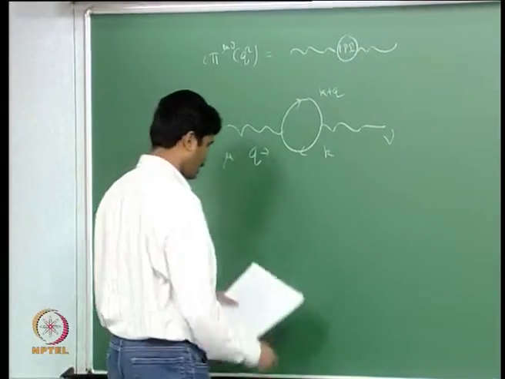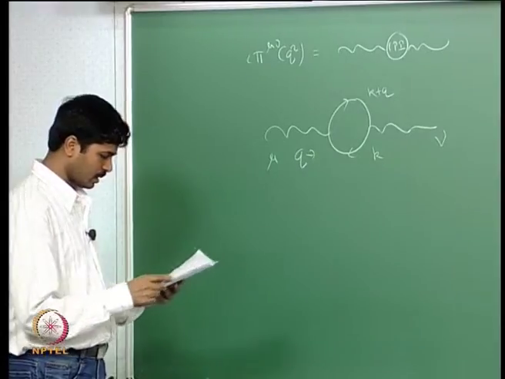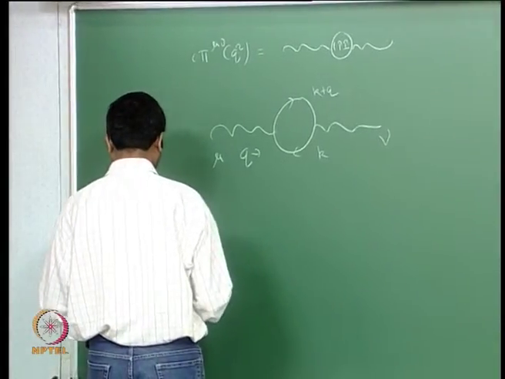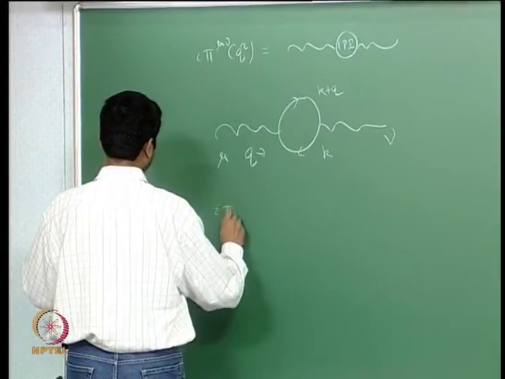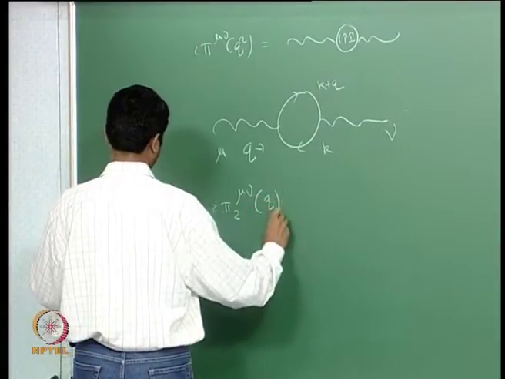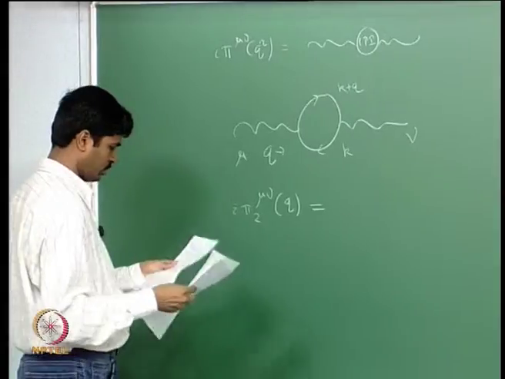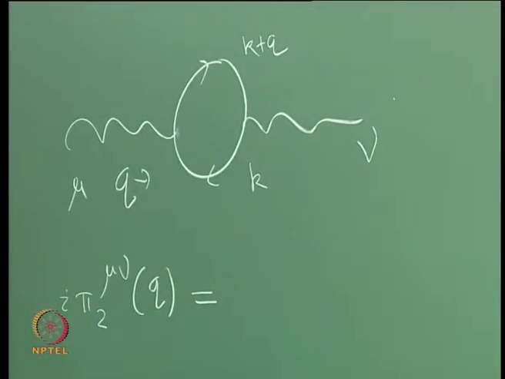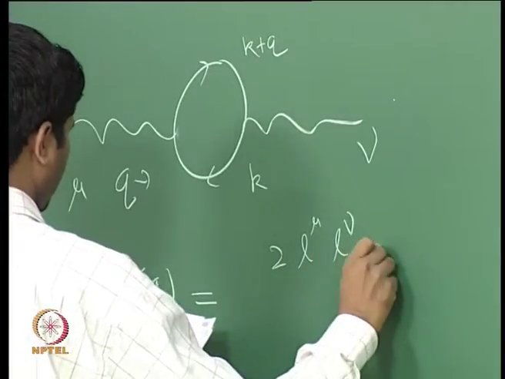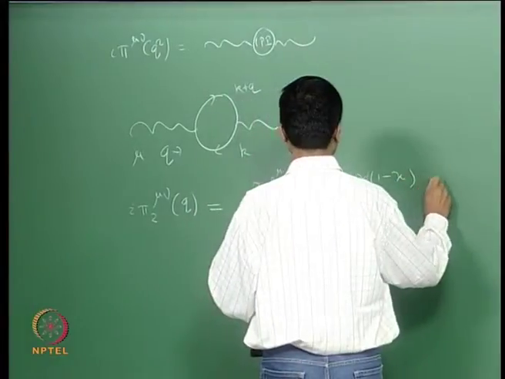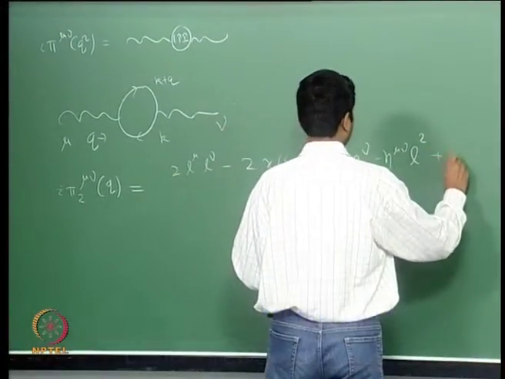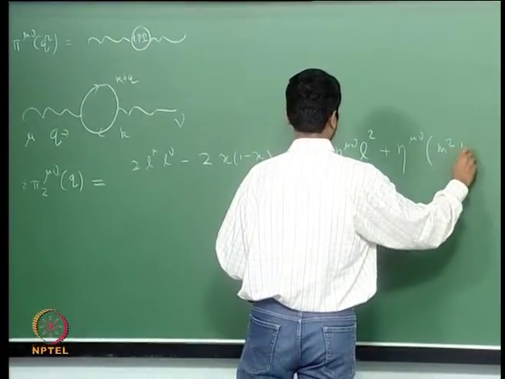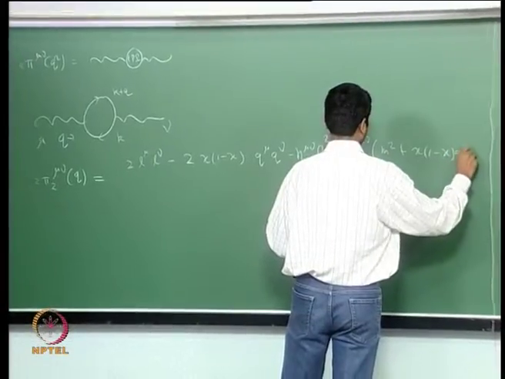We simplified the numerator, and at the end of the day we got the following expression for Pi 2 mu nu of q: two L mu L nu minus 2 x (1 minus x) q mu q nu minus eta mu nu L square plus eta mu nu times m square plus x (1 minus x) q square.